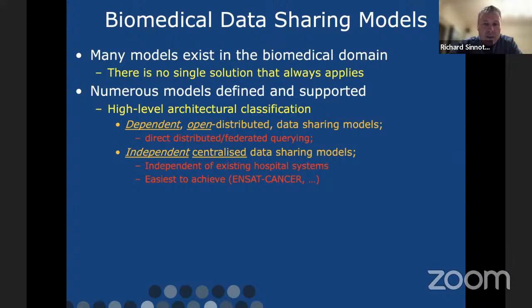This is very much a set of doctors or clinicians or researchers around the world will log into a system that my team build and enter information on the patients and how they're being treated, etc. And that's generally a very common model for, say, disease registries. But it's independent of all the existing hospital systems.